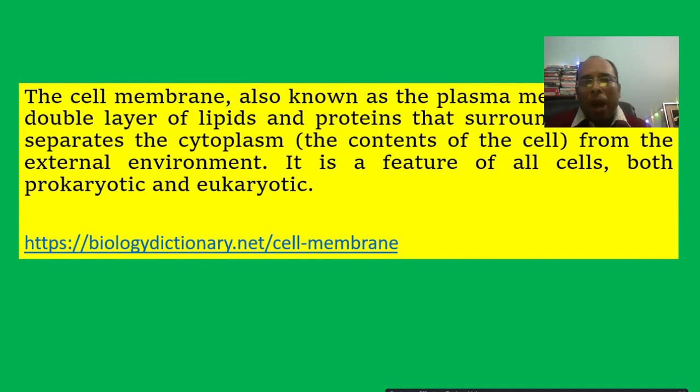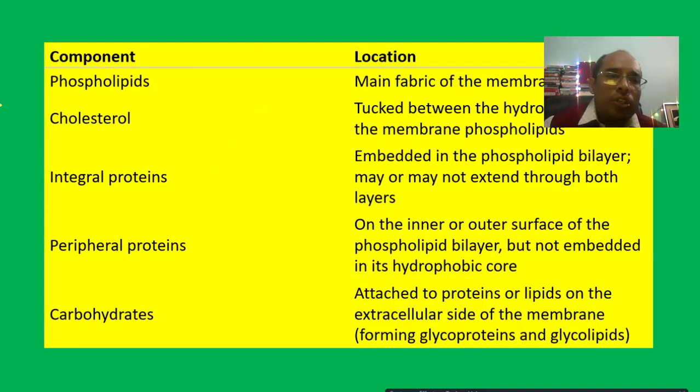And from the protein part, carbohydrate branches are coming, and they are known as glycoproteins. And from the lipid part, some branch-like structures are coming from the surface. They are called glycolipids.